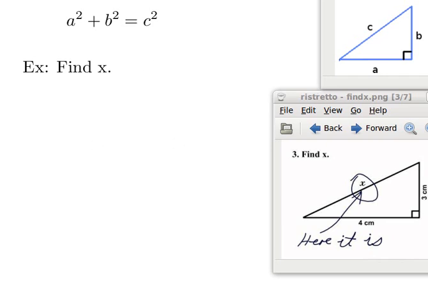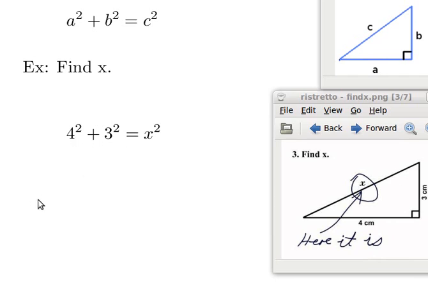Hopefully that won't get overwhelming. So notice that 4 is a, 3 is b, and x is c. So we have a squared, which is 4 squared, plus 3 squared, which is b squared, equals x squared. X is our unknown. X is what we're trying to find.